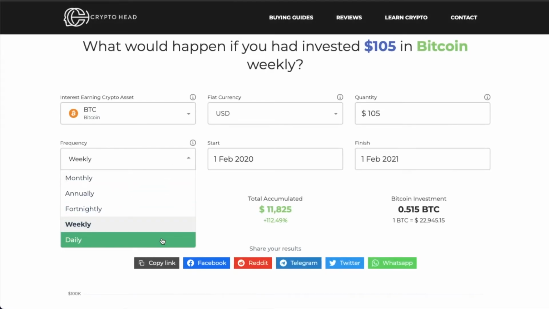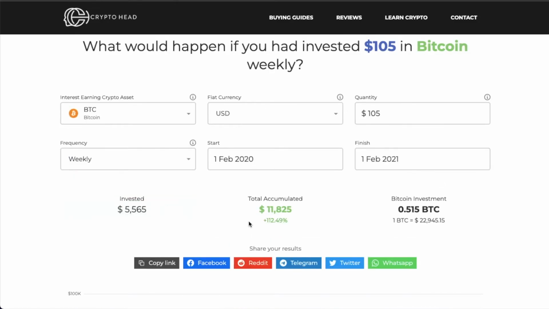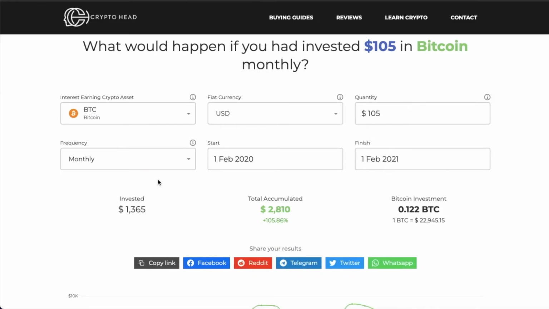The website gives you an option to change the frequency, and from the looks of it, the profit percent is very similar for a weekly and a daily investment. The less frequent investment, such as monthly or annually, are not as good.